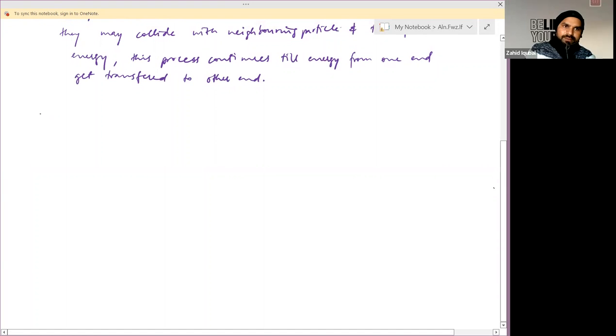So on the left hand side, we have electric current. And on the right hand side, heat current, or simply conduction of heat.